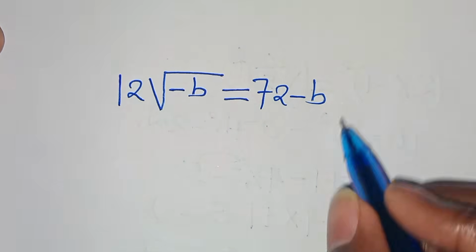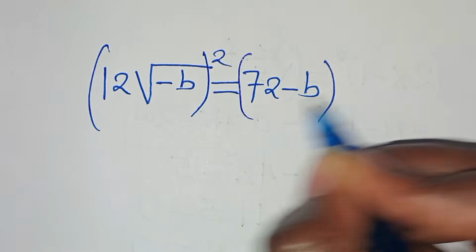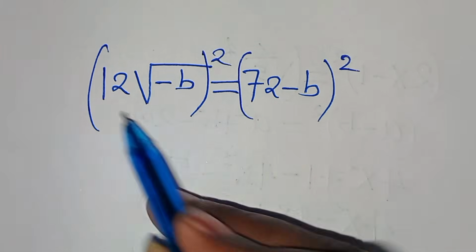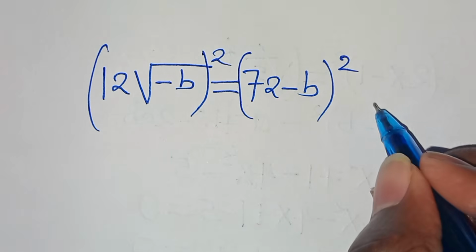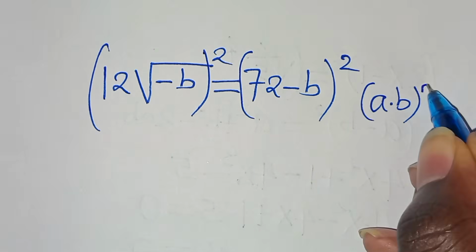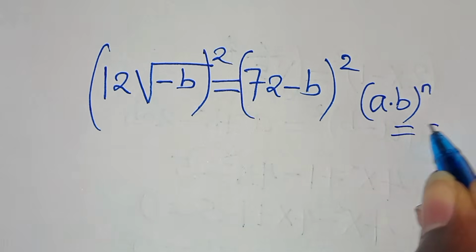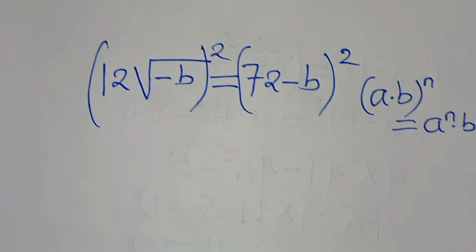Now the next step from here is to square both sides again. So (12 times the square root of minus b) to the power of 2 is in the form of (a multiplied by b) raised to the power of n, which we can express as a to the power of n multiplied by b to the power of n.